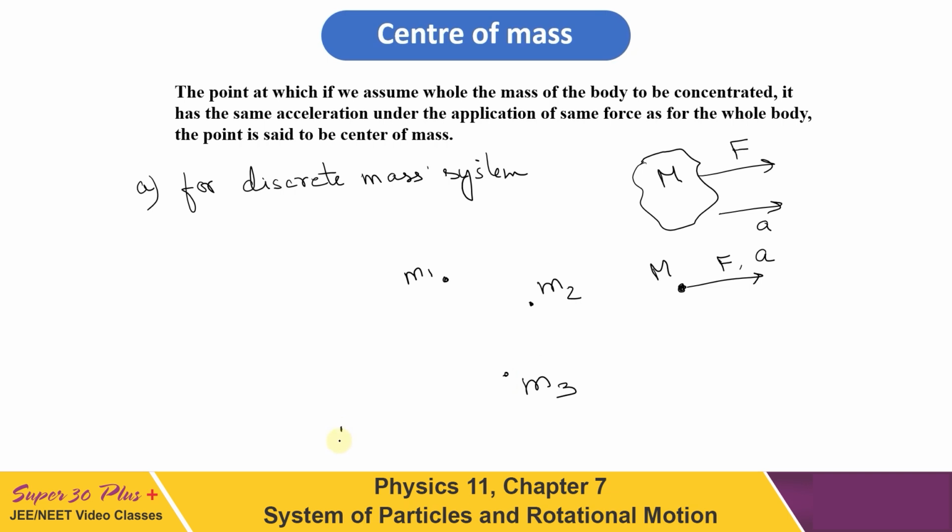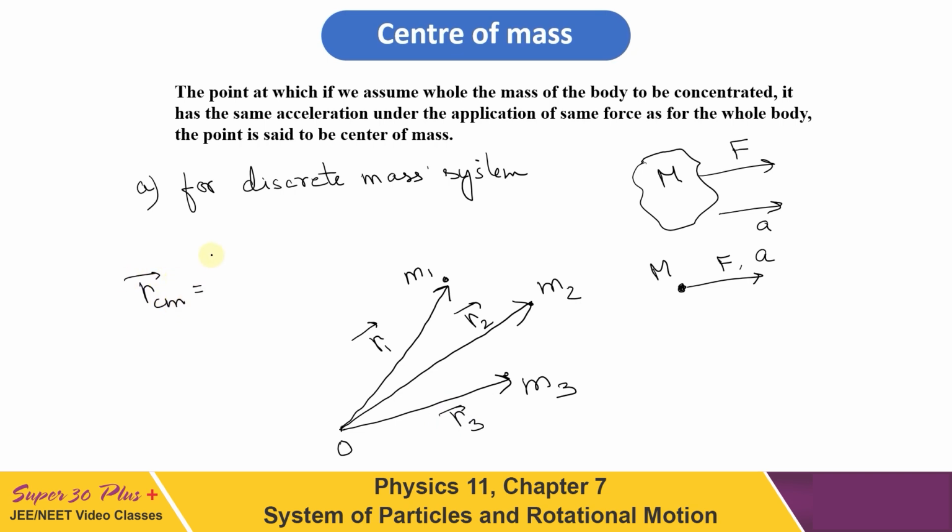So let us take that common reference to be O. Now with respect to this reference, if the position of m1 is written as r1, for m2 as r2, for m3 as r3, then we can write r_CM equal to m1 r1 plus m2 r2 plus m3 r3 upon the whole mass of the system, that is m1 plus m2 plus m3. So this is how the center of mass of the system is located.